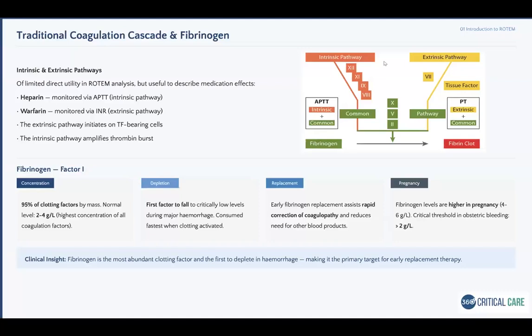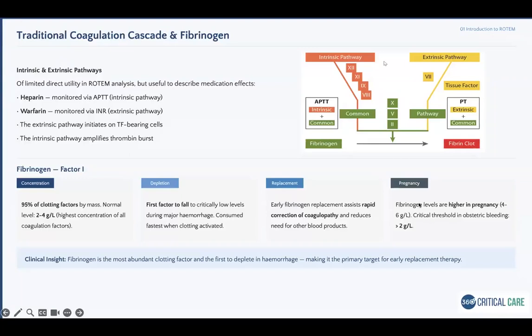In different studies, you probably know about multiple randomized trials where fibrinogen replaced empirically or based on a Rotem has led to rapid correction of coagulopathy. So this is one of the most important factors that is being quantified by the Rotem.